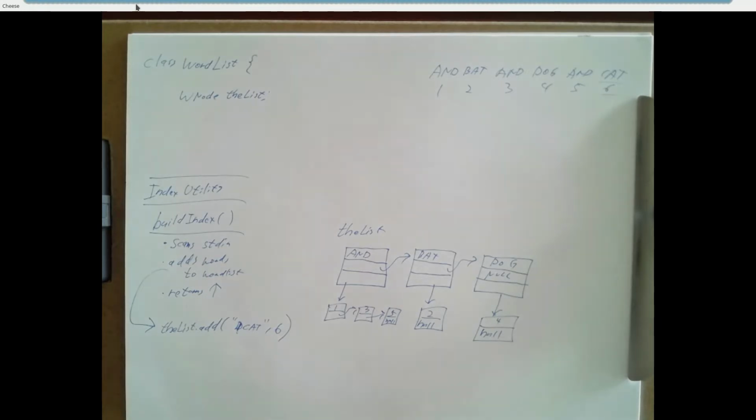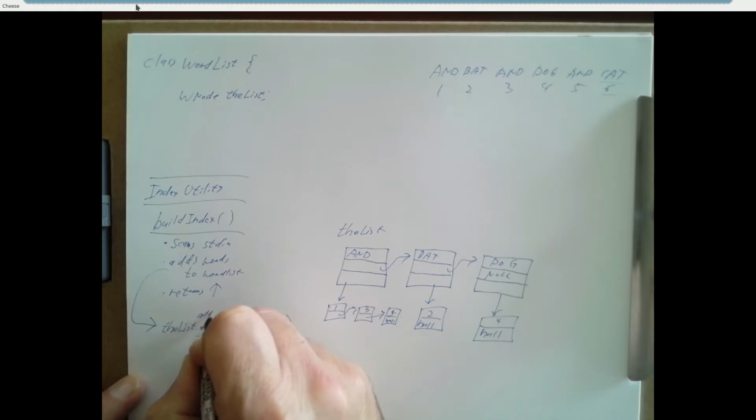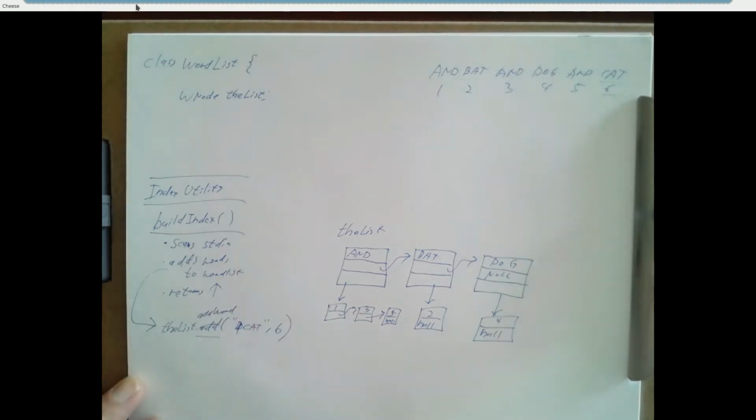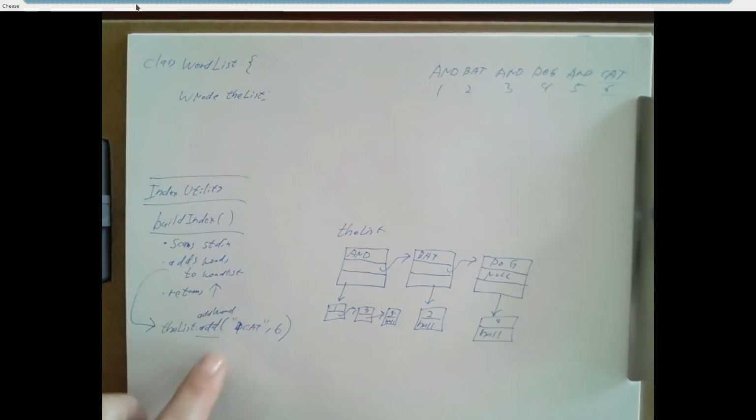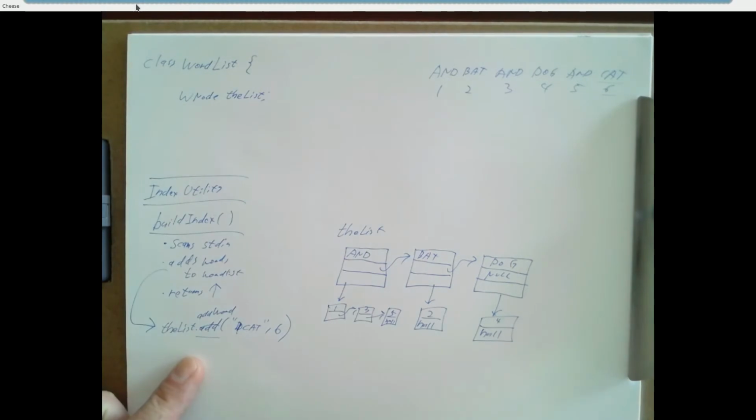All right, so how does that algorithm, how does this add method, maybe I called it add word. Yeah, add word. So add word is inside this word list class, which means the code in add word has access to this variable, this object called the list. So you look at the list.